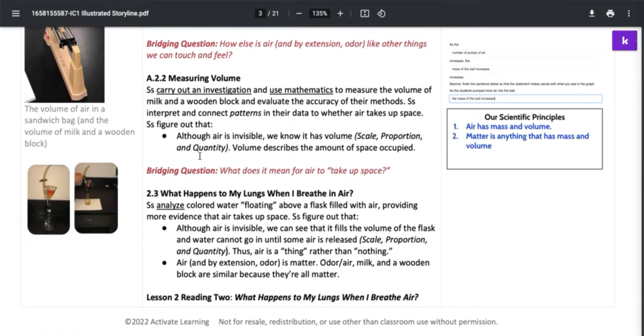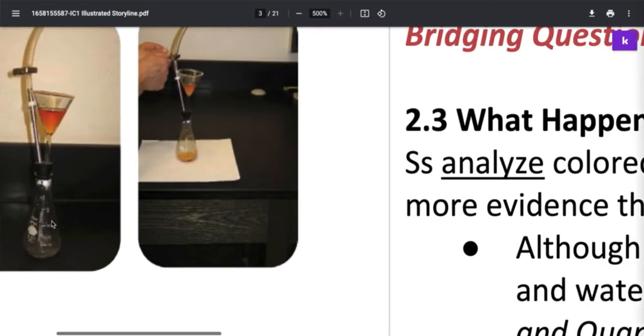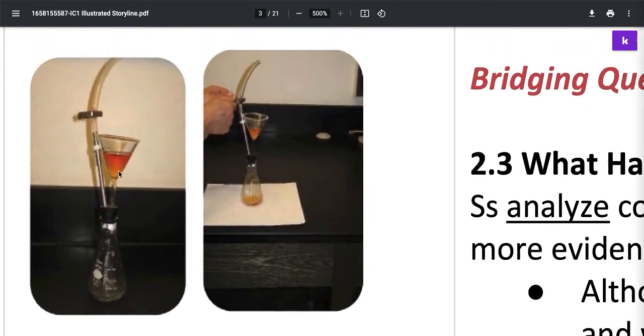And then to test the volume of it, you've got this cool little funnel and flask trick. Probably won't be able to see it very well here. But you put a food coloring liquid into a funnel that goes into this bottle, and then you have this tube coming out, and there's a little clamp right here. I don't actually use a clamp, I just put my finger over the end of it, and I pretend like a dork.